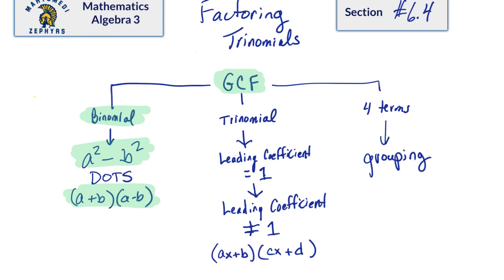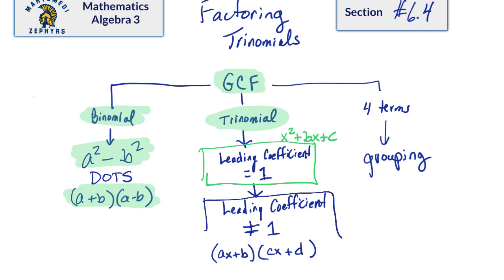Today we are going to move into trinomials, three terms. One form is where our trinomial has a leading coefficient that's equal to 1. In other words, it'll look like x squared plus bx plus the number c.